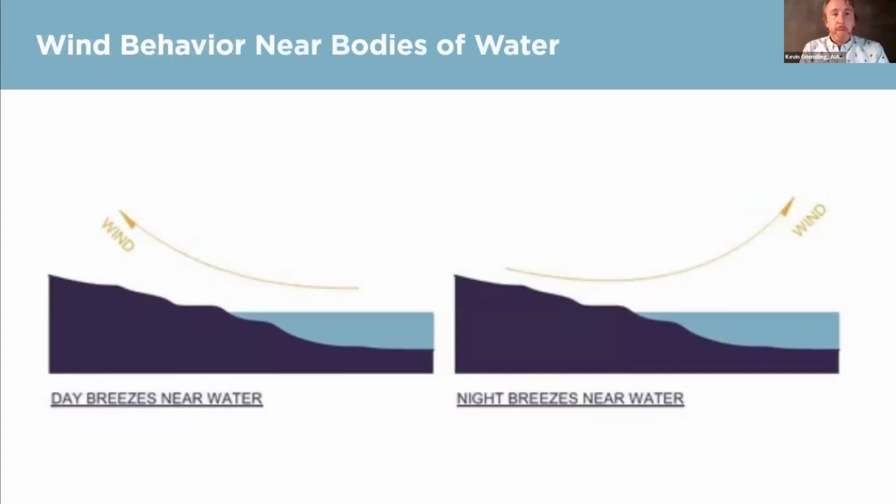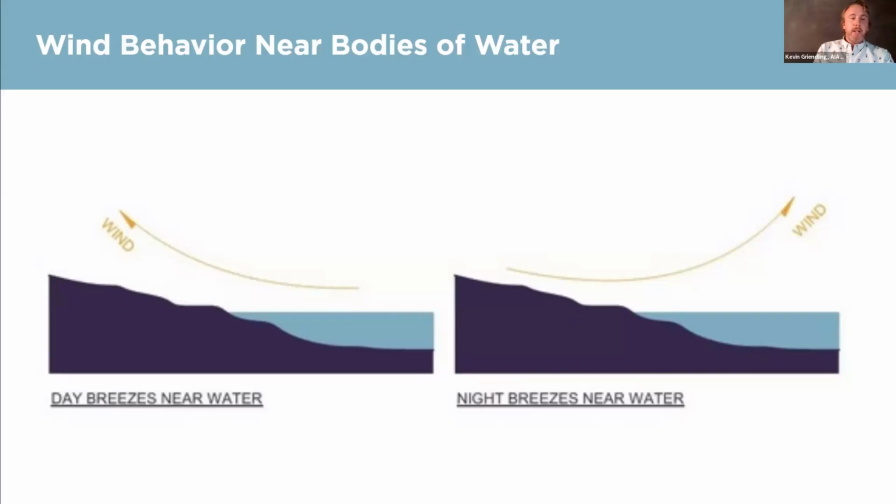So let's talk about wind behavior near bodies of water. This one is a little bit less intuitive, right? We've all probably walked around cities, and we've been in an alleyway where there's a gust of wind and it hits us pretty hard. But we may not have necessarily noticed the difference between standing by a body of water in the middle of the day and standing by a body of water at night, and been able to have a wide awareness of how they behave.